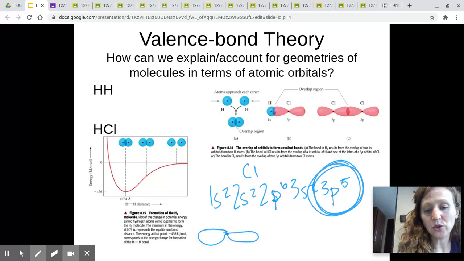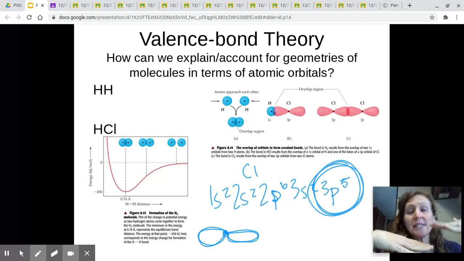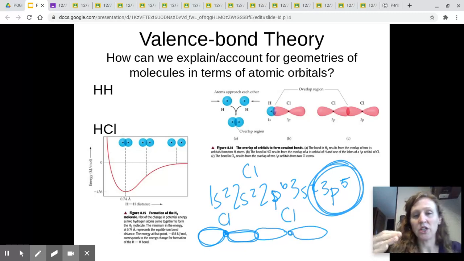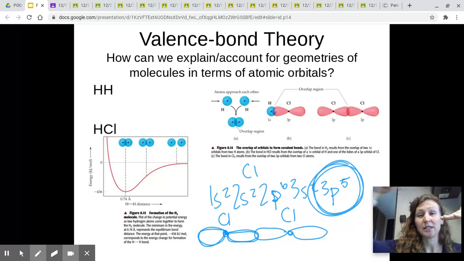So if we assume that the valence electron, the very last electron that's put into that valence shell, is going to do the bonding, well, we still can have an overlap from a chlorine molecule to another chlorine molecule, but that overlap is going to happen from the p shell. So we get a p shell from one chlorine overlapping with the p shell from the other chlorine. Again, we're going to have the same thing happen. If they're too far apart, the electrons aren't close enough to the nucleus they're being shared with.